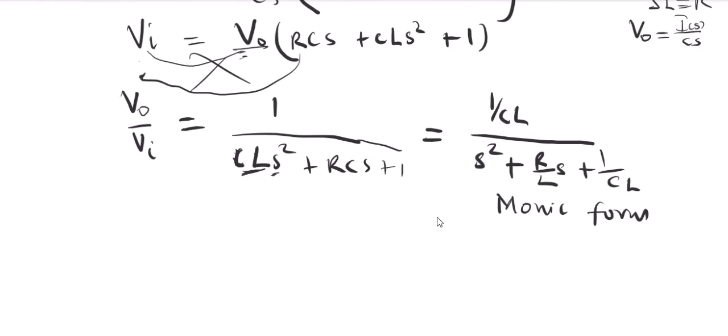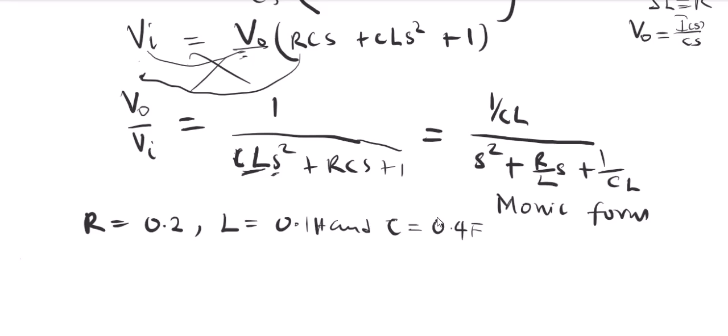So R equal to 0.2, L equal to 0.1, and C equal to 0.4, in ohms, Henry, and Farad.